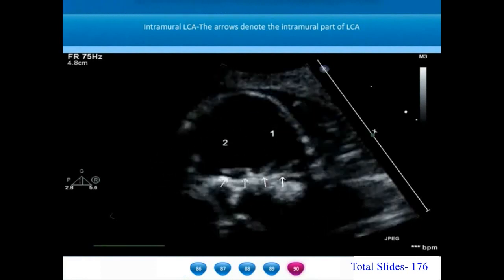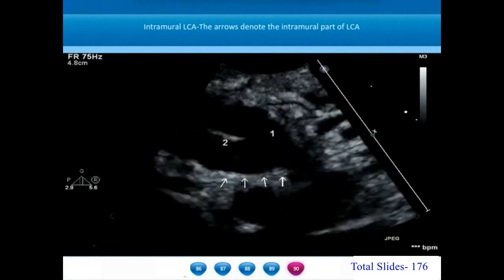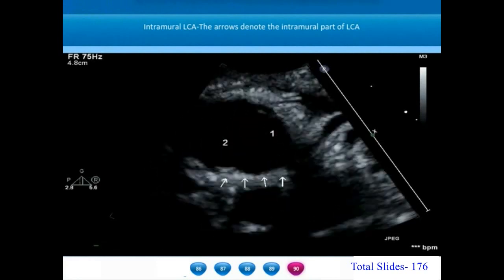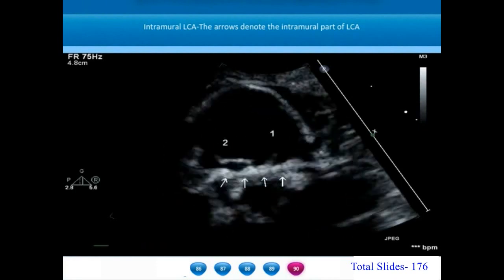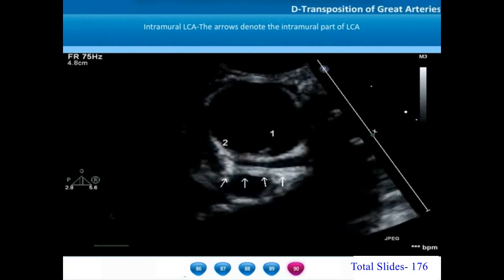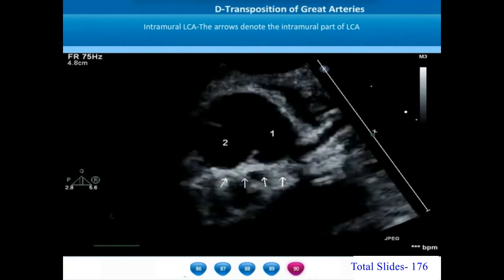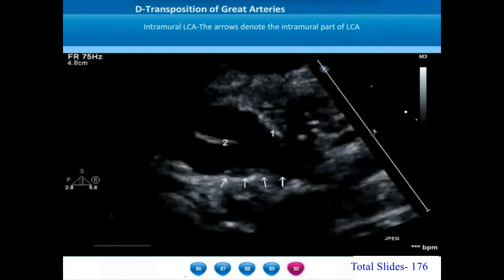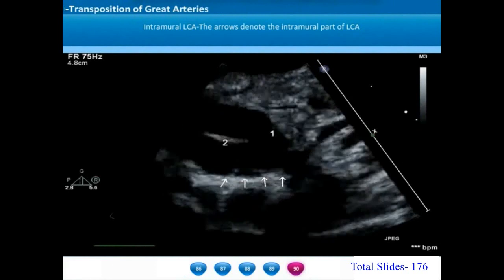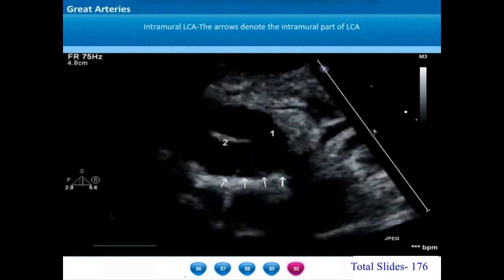And then the coronary artery courses between the aorta and the pulmonary artery sinuses, takes a long interarterial course, and in this plane of the interarterial course shown by arrows, the wall of the coronary artery is shared with the wall of the aorta.